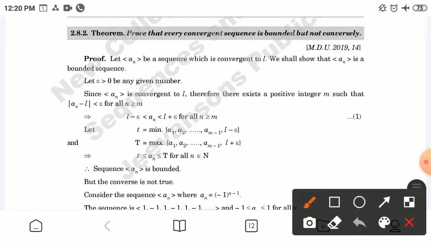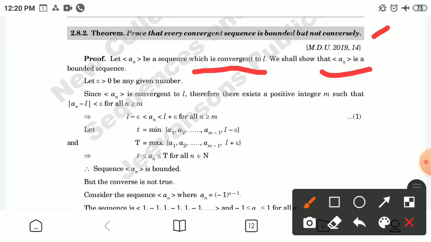Now, the next result: prove that every convergent sequence is bounded but not conversely. For the proof, let an be a sequence which is convergent to L. We shall show that an is a bounded sequence. Let epsilon greater than 0 be any given number.